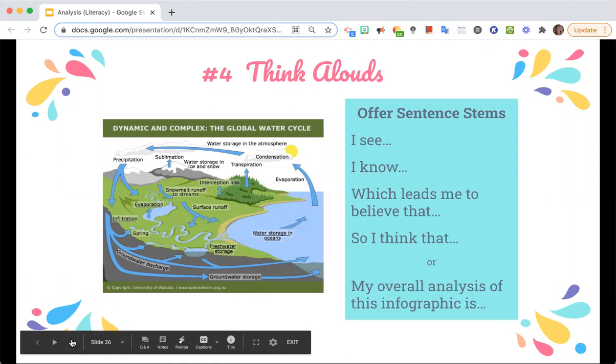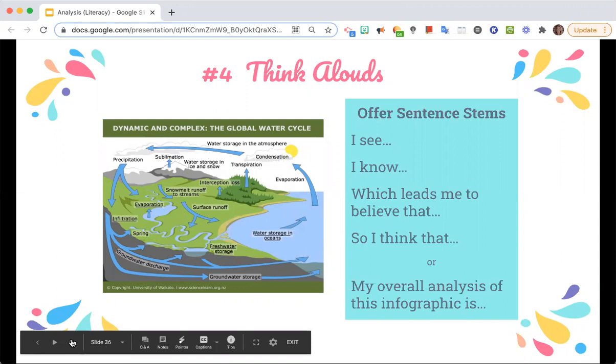So this is actually an out of ELA example. As you can see, there is a pretty complex infographic on the screen that is, my guess, science content, but just giving students a really complex image or graphic and offering them some sentence stems.